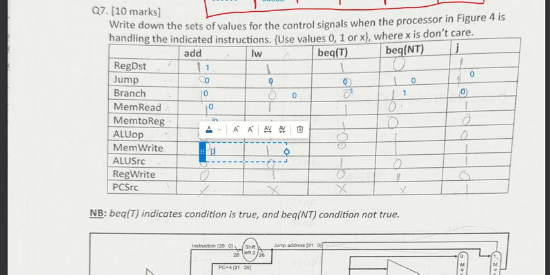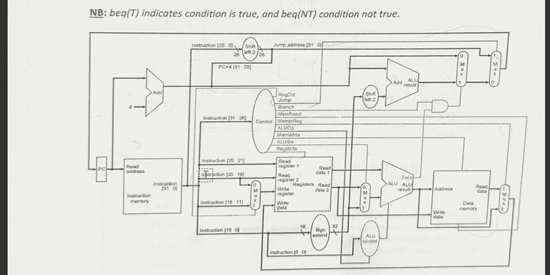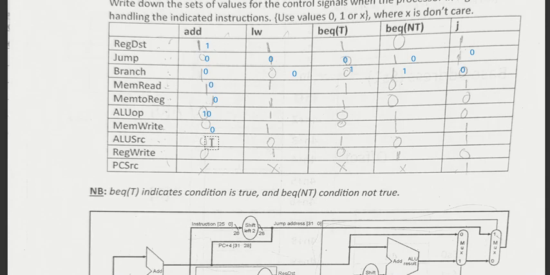So you have to be careful of memory. So put 0 there, don't put don't care. Then the next one is ALU source. Now you realize that this is our format, and in R format we read from this one and this one. ALU source is the signal that controls this multiplexer. So it means that we have to select 0, right? So ALU source has to be 0 specifically.